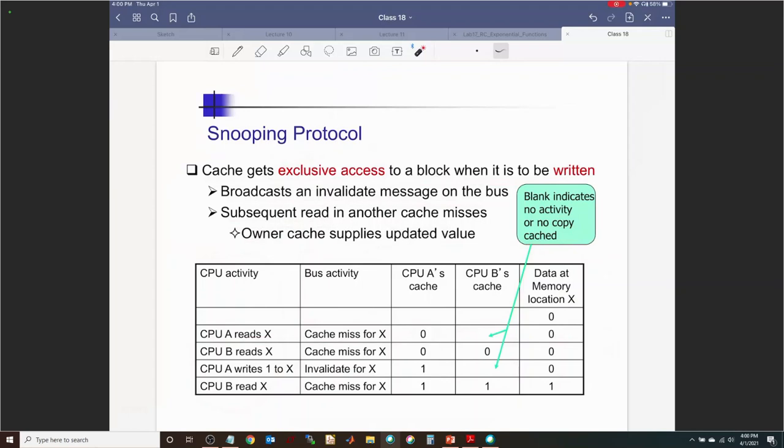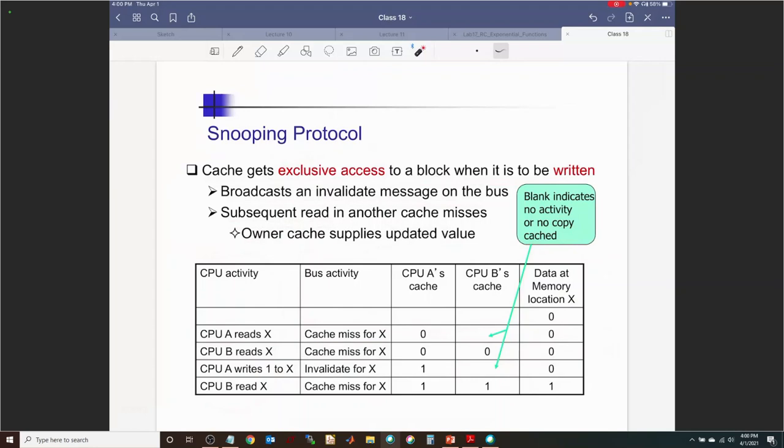In the second line, after CPU A reads, CPU B also reads the same location X. Of course, it is going to be another cache miss because CPU B's private cache doesn't have the memory location X, the block. So it goes and looks into the memory. It is still 0, so it brings that 0 into its own private cache. So everybody is consistent so far: 0, 0, 0 in A, B, and the data in physical memory.